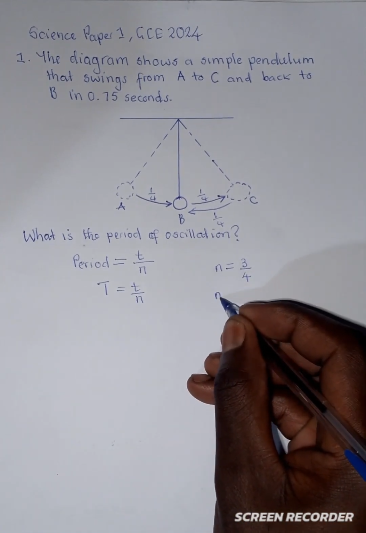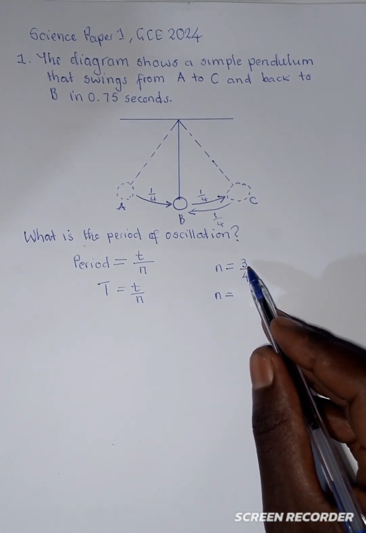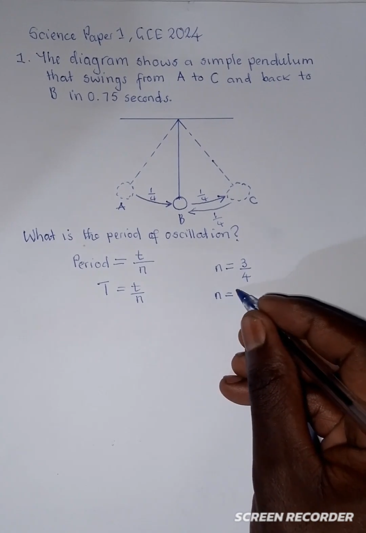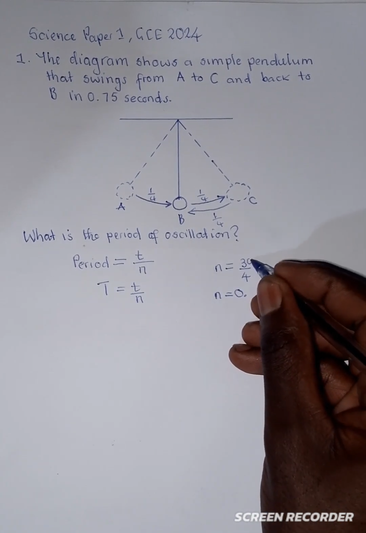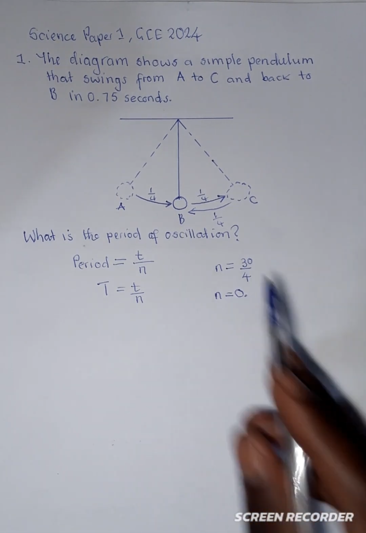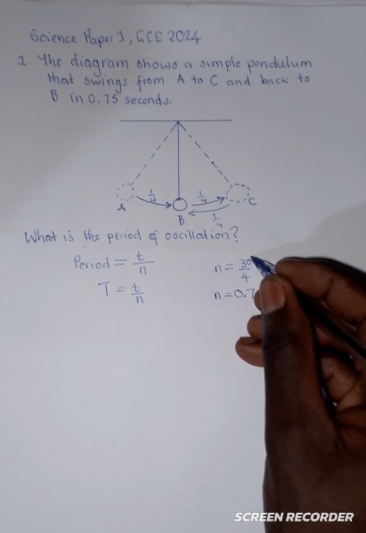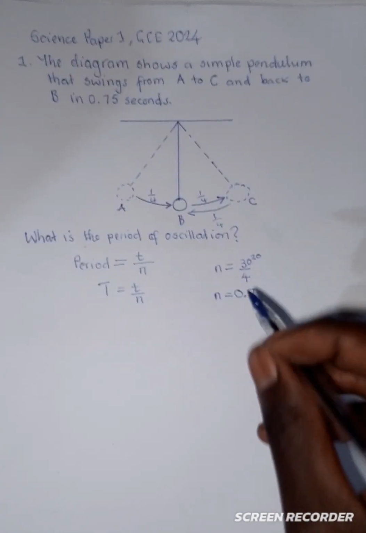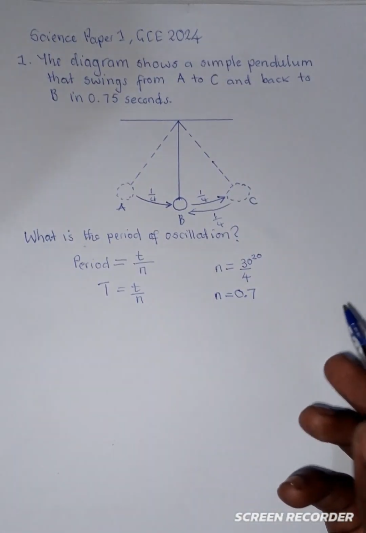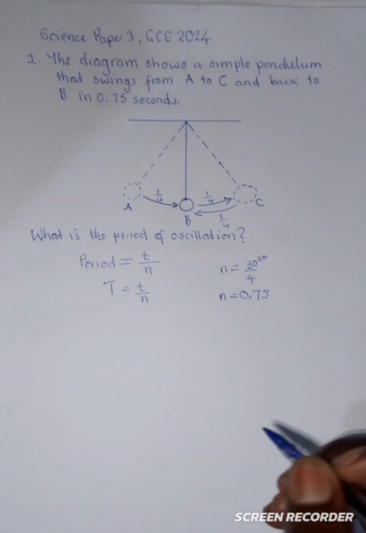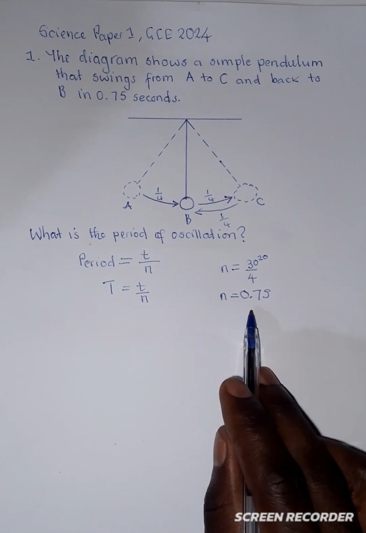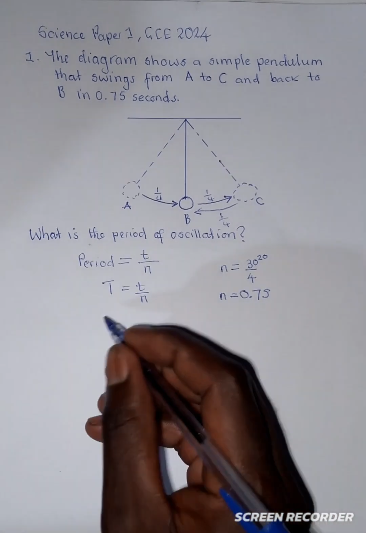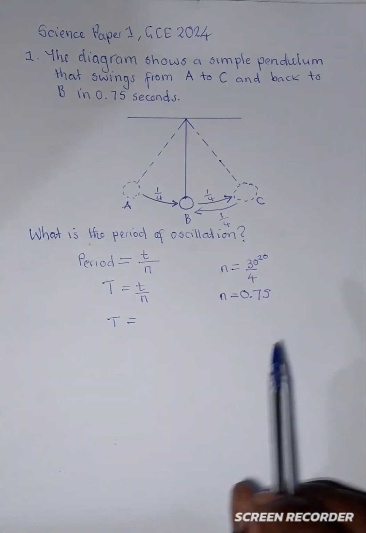We divide 3 by 4. 4 into 3 can't go, so we add a point and a 0, making it 30. 4 into 30 is 7, with a remainder of 2. 4 into 2 can't go, add a 0, it becomes 20. 4 into 20 is 5. So the number of oscillations is 0.75.